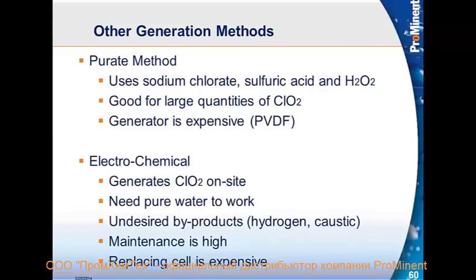Maintenance can be high because there's a lot to this system. Replacing a cell can be expensive. If you don't treat your water properly incoming, then the cell is going to have a shorter life than it would if you had clean water coming in. So there's a lot to be concerned about. Plus, these systems can be very expensive upfront for capital costs.